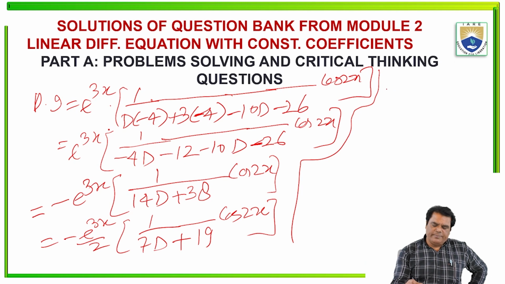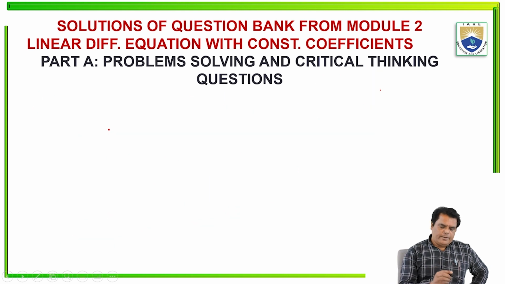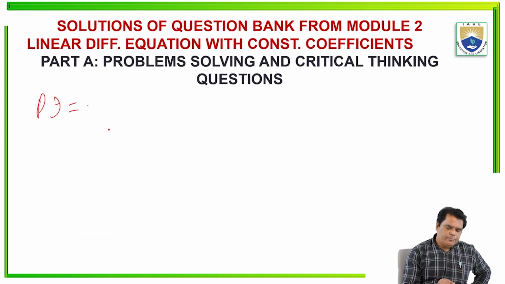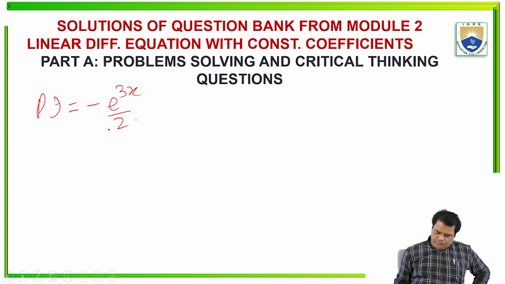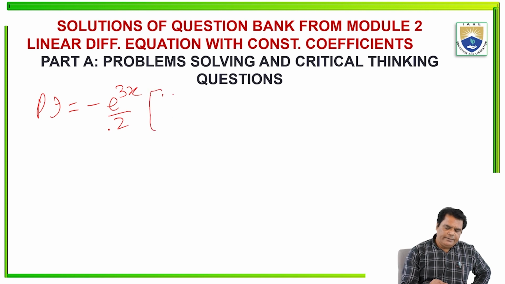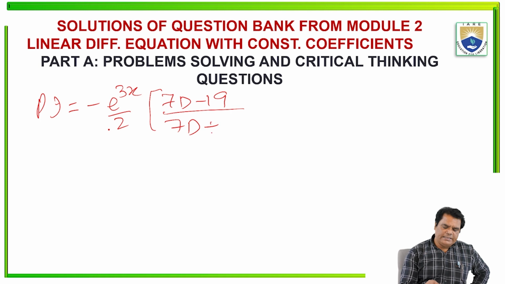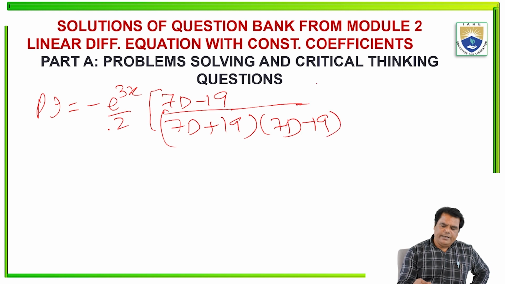So multiply by the conjugate bracket. Here PI is equal to minus e^(3x) upon 2, 1 upon 7D + 19, multiplied by 7D − 19, into cos 2x.